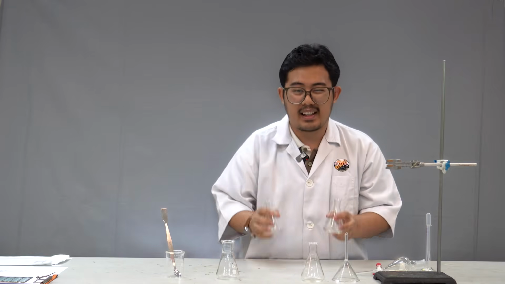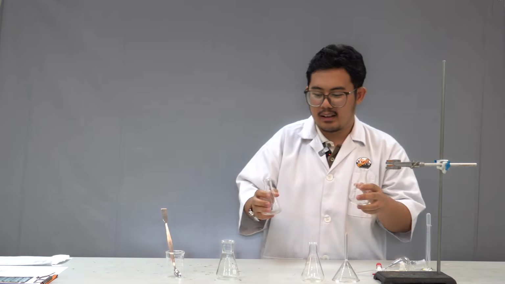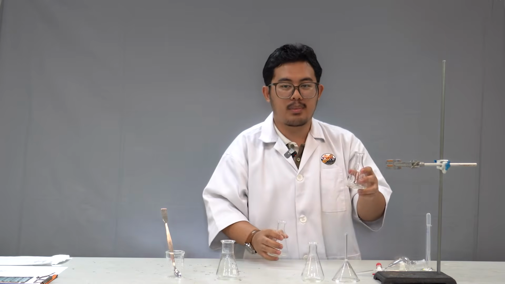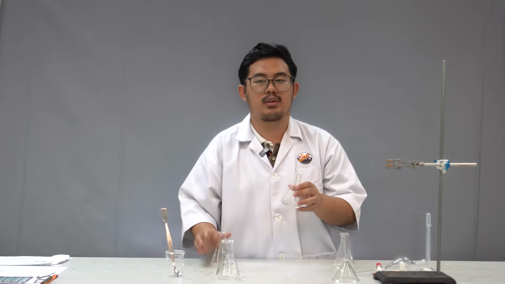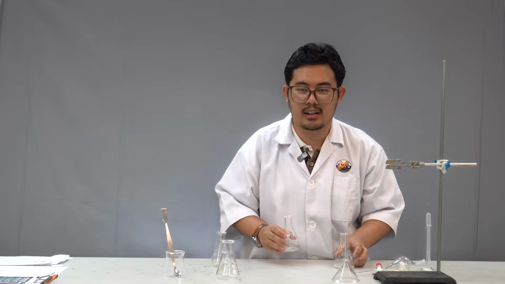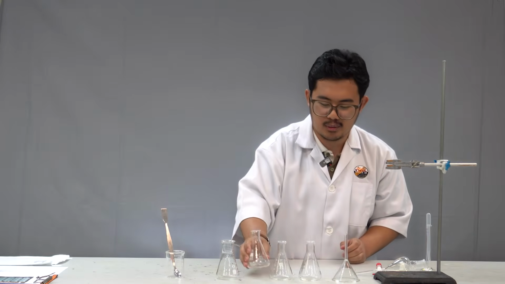So now, at the end of the experiment, all we have is 3 separate conical flasks, one being pure base, one being pure acid, and one being neutral. And that is all for the procedure of liquid extraction. I'll pass the discussion on to Brother Ukasha.